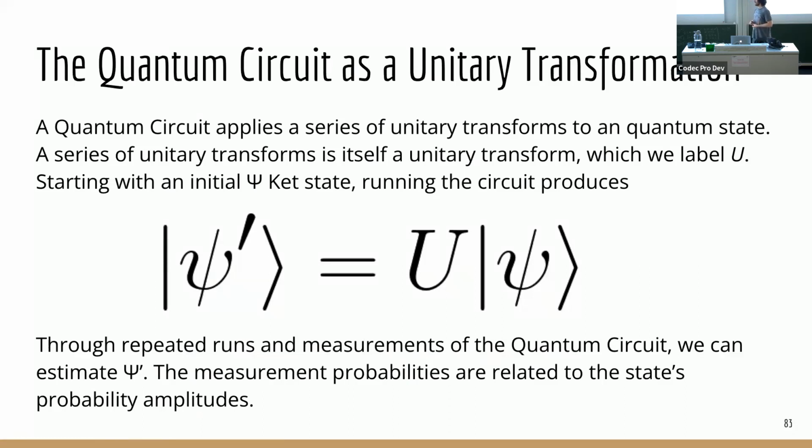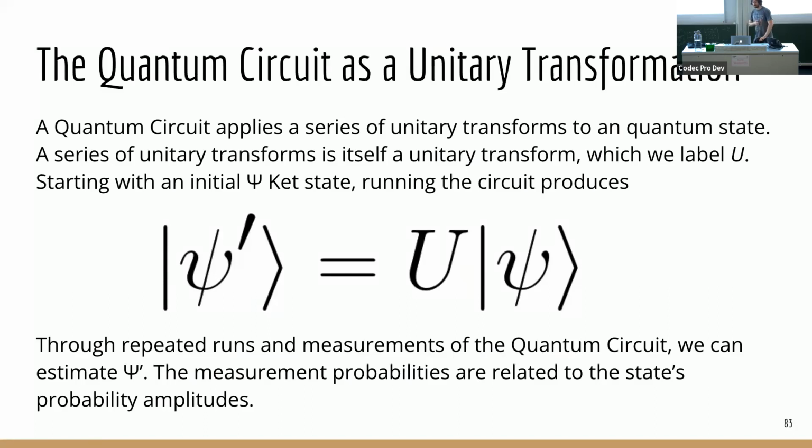If we think about the quantum circuit as just one giant unitary transform, we will label the transform described as this matrix U. So if we have an initial state psi ket, all that a quantum circuit is doing, namely all of the gates, is just applying some unitary transformation U to give us a new quantum state psi prime.